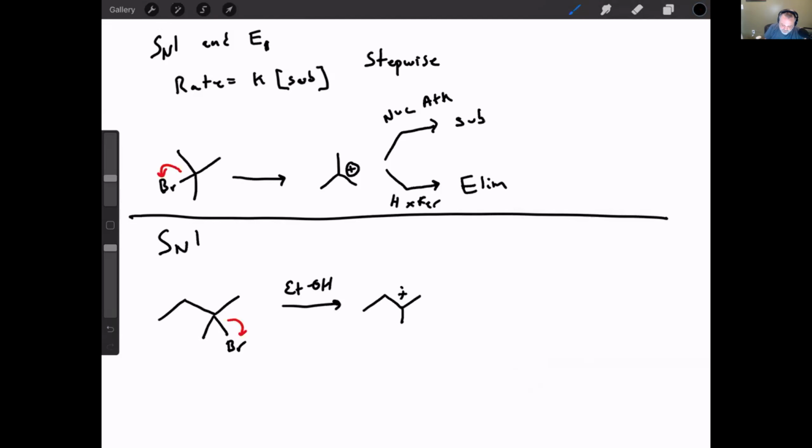And it's important to remember that a carbocation is formed in the intermediate, because one of the things that we're going to have to deal with in these reactions is the possibility of a carbocation rearrangement.